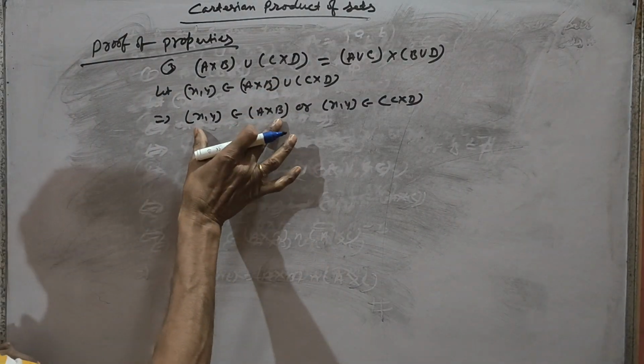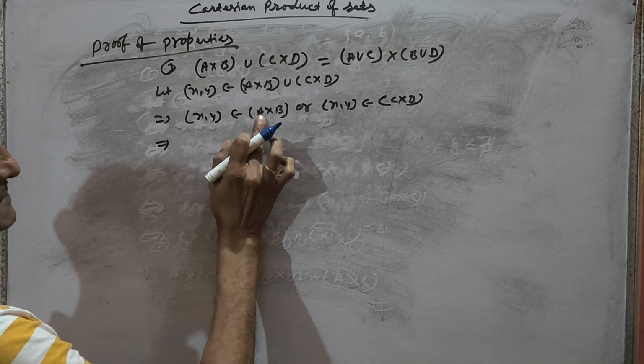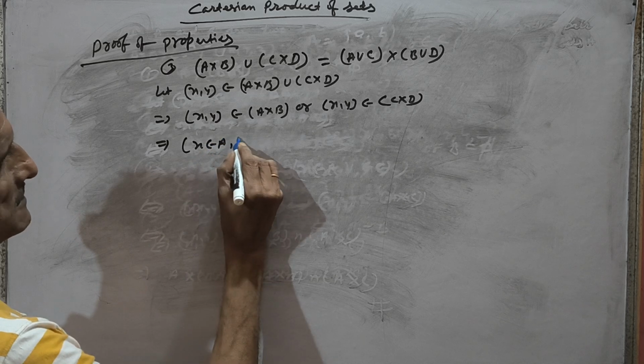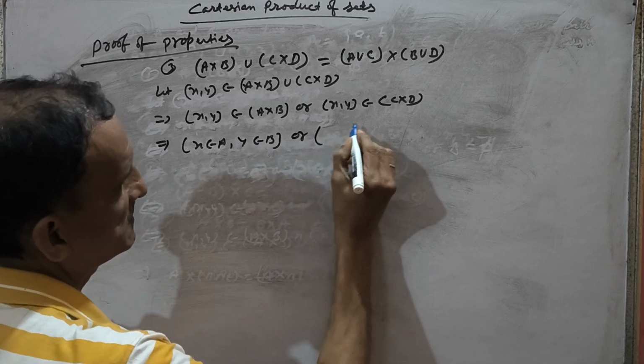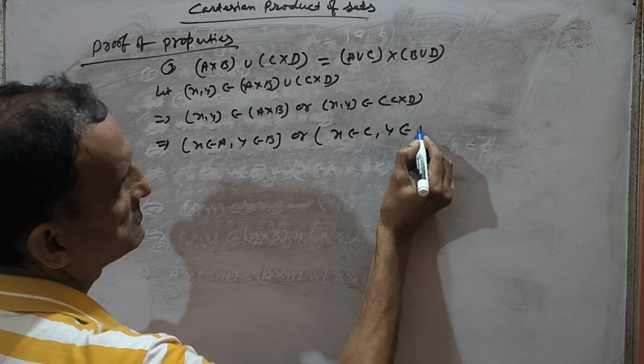Now write the meaning of A cross B. What will be here? x belongs to the first set, y belongs to the second set. x belongs to A, y belongs to B. Or here same thing, x belongs to C, y belongs to D.